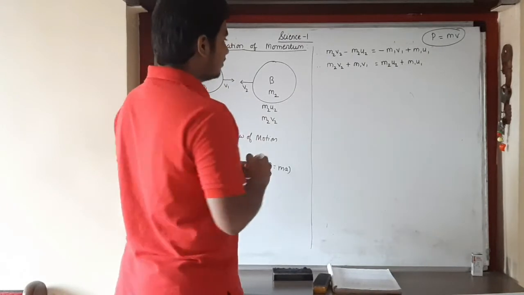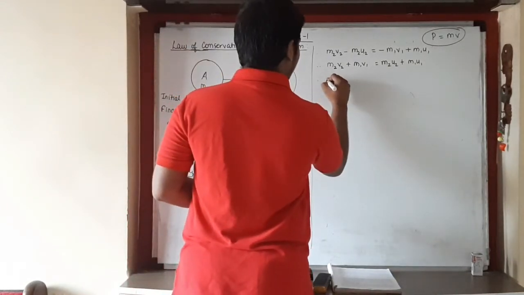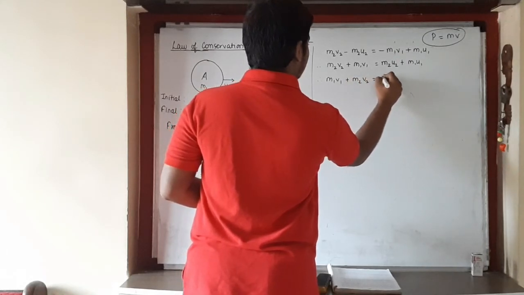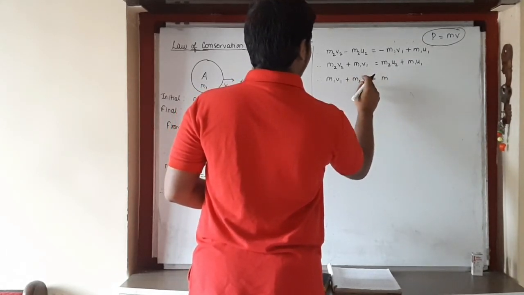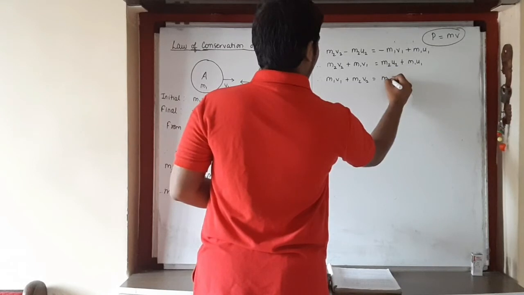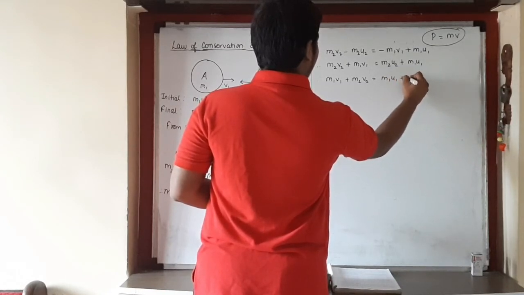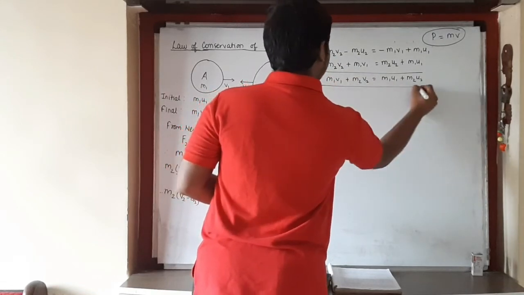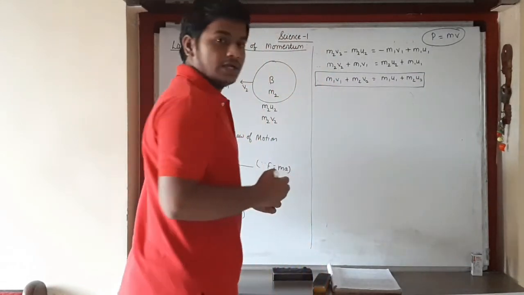So what do we have? Let us rearrange this expression. It will become m1 v1 plus m2 v2 equals m1 u1 plus m2 u2. So what does this expression indicate, students?